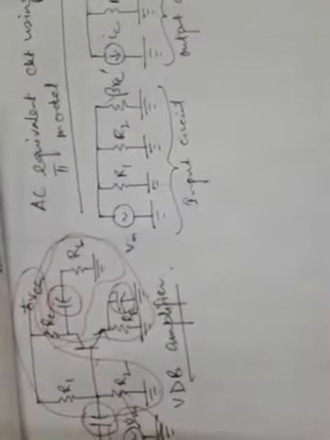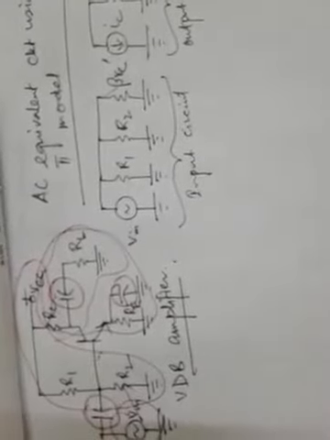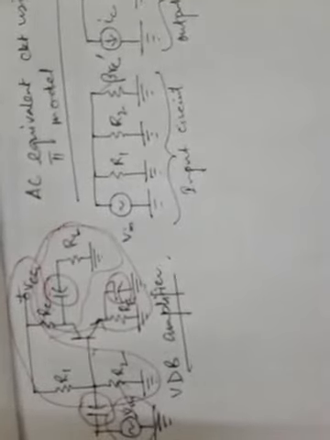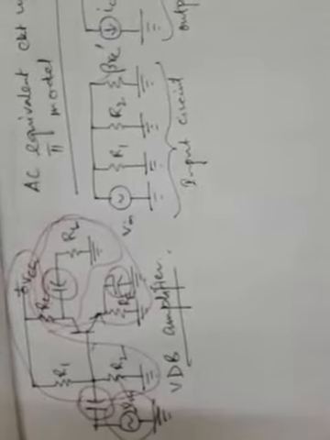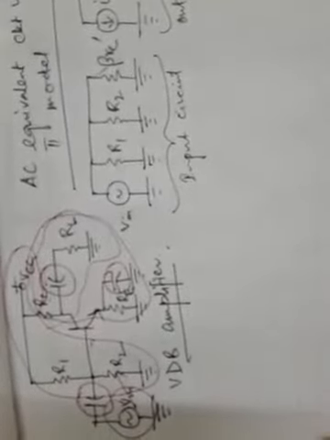You are now familiar from the last lecture that any DC supply should be represented as shorted to AC ground, because in AC the functionality of them is not counted, because they are delivering constant power, or it is a constant source, so their functionality will not be counted in the AC representation.